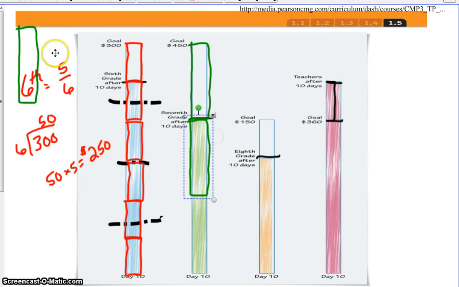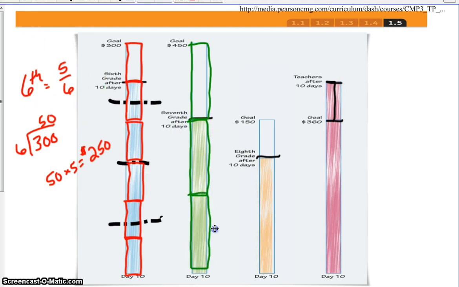And look, we have one there, and this one. So it looks to me like 7th grade raised 2/3 of $450. So they raised 2/3 of $450.